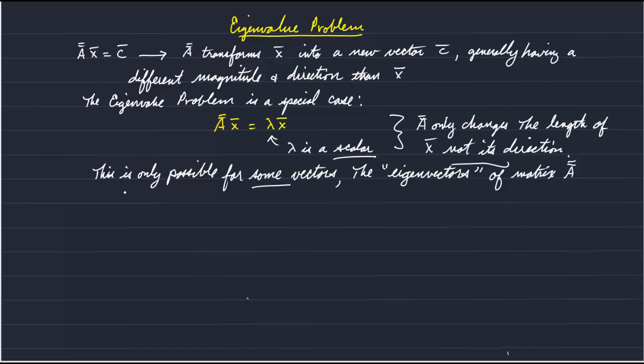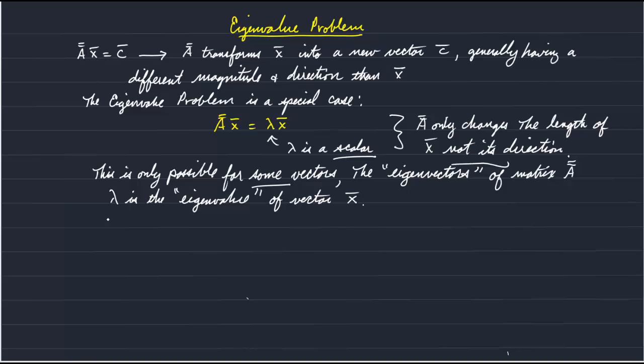And so lambda just controls how the magnitude changes, and it's called the eigenvalue of vector x.